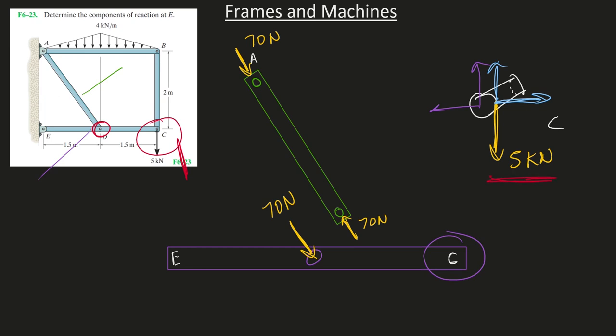This 5 kilonewton force, some of it will be balanced by our blue member, that would be member BC, and the rest of it must be balanced by the purple member, EDC. And you've really got to do the free body diagram, sum of forces in X, sum of forces in Y analysis to figure out how that conversation ends. So this is the essence of frames and machines problems and what you have to watch out for. So let me just write that down for you.